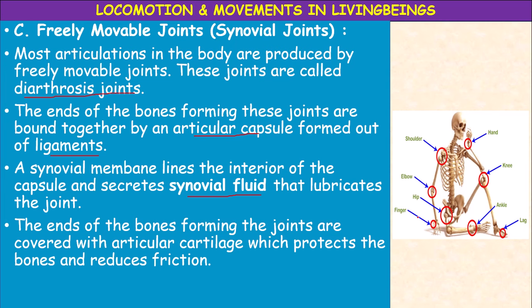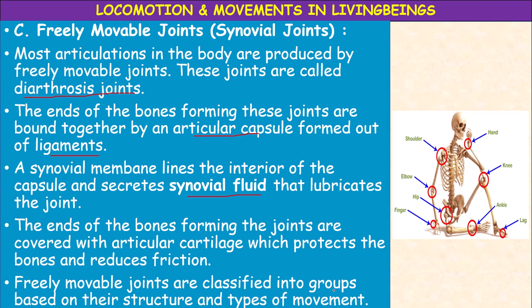So like that, different joints are present in different locations and they help in different types of movements. Let us discuss more about these joints. The freely movable joints are classified into groups based on their structure, location and function.